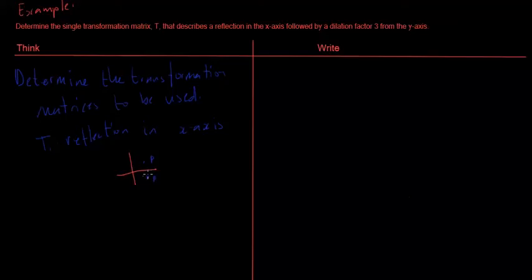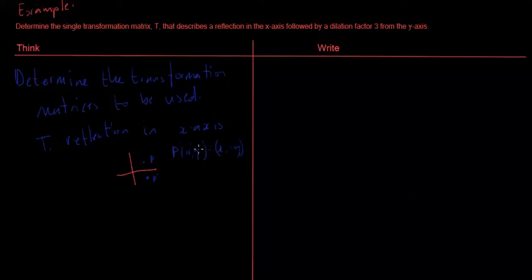So the y-coordinate would be the negative value of what it originally was. So the x of p dash will be the same as the x of p, so we could say, probably not great notation, this is what I can do. I can say p dashed x dashed comma y dashed is equal to x comma negative y.